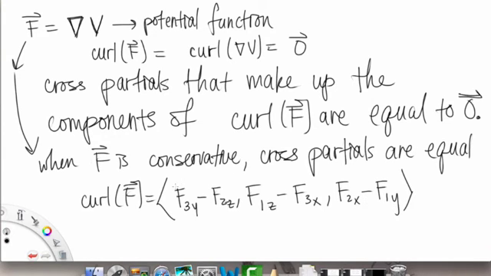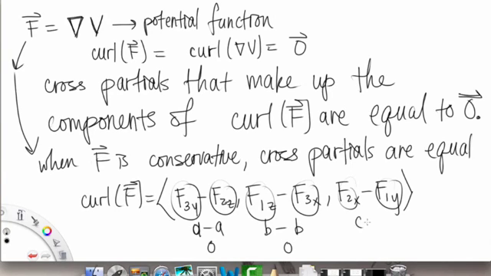When we have cross partials being equal, that means that whatever this is equals this. So you get something minus something, I'll just call it a, so a minus a equals 0. And then this will be something, and that will be something, and those will be equal, so that's 0, and also this equals this, which is like c minus c, and that's 0 as well. So we would just get that the curl is the 0 vector. So 0, 0, 0. Alright?